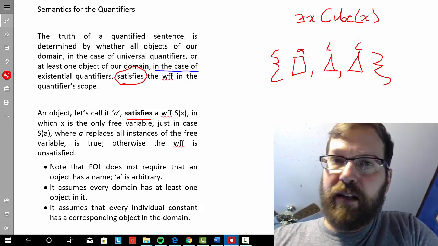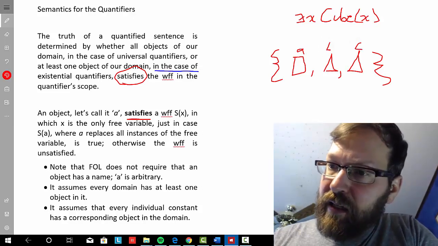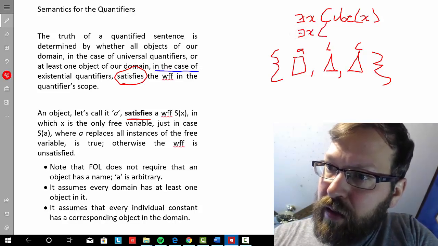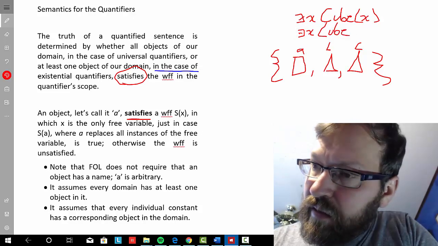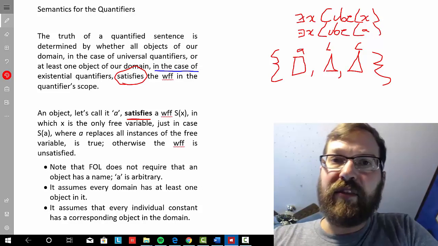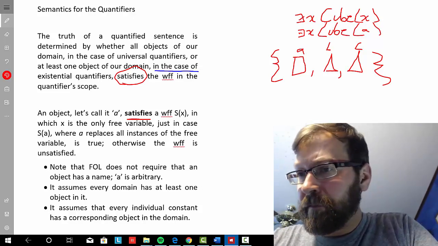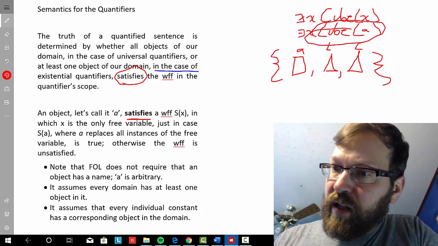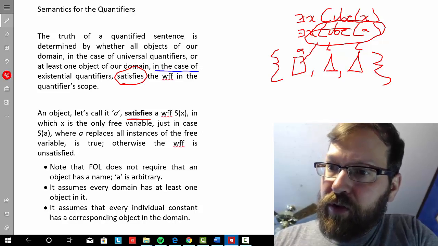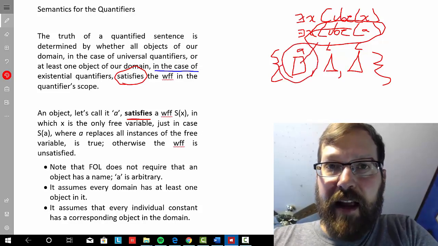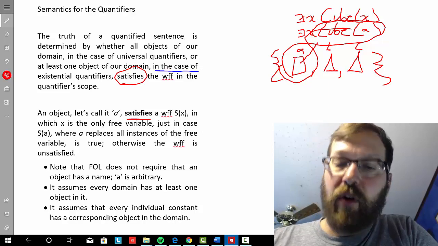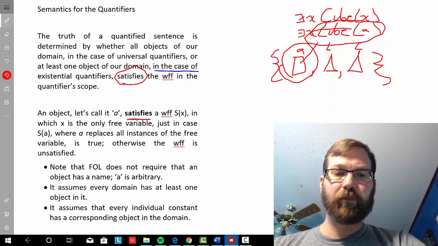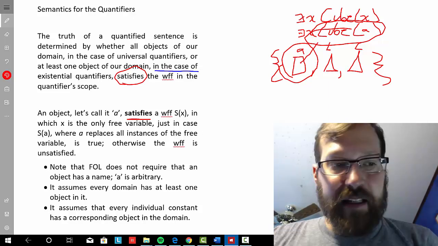Let's say we've got a, b, and c. We then take a and we substitute it in for every instance of x that's within the scope of the quantified sentence in question, and then we check to see whether this is true or not. If it's true, then a satisfies that. Well, we'll get to the semantics of the existential quantifier in a moment. Okay, so in that domain that gets satisfied.